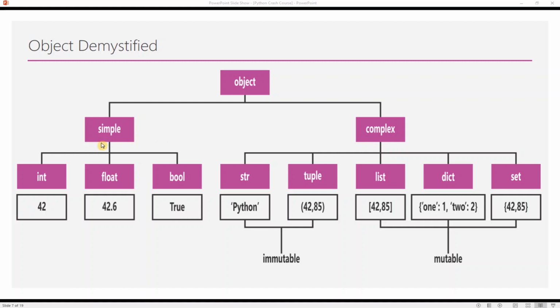Simple objects include int, float, and boolean, whereas string, tuple, list, dictionary, and set are considered as complex objects. I have also mentioned the sample value for each one just to give you a glimpse of the type of values each object can store.